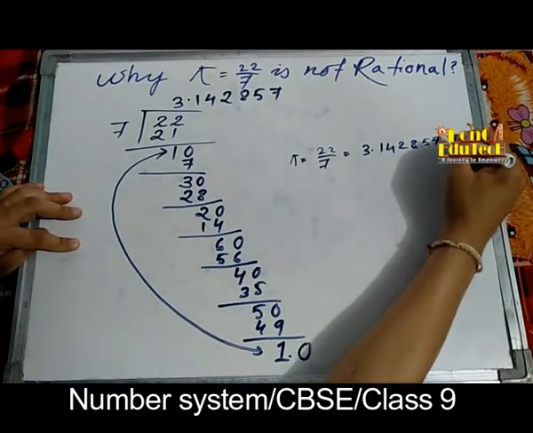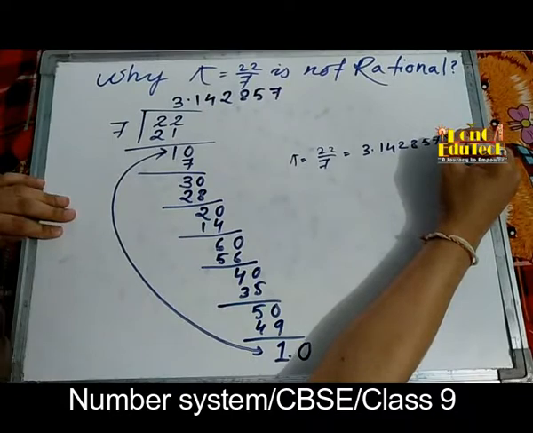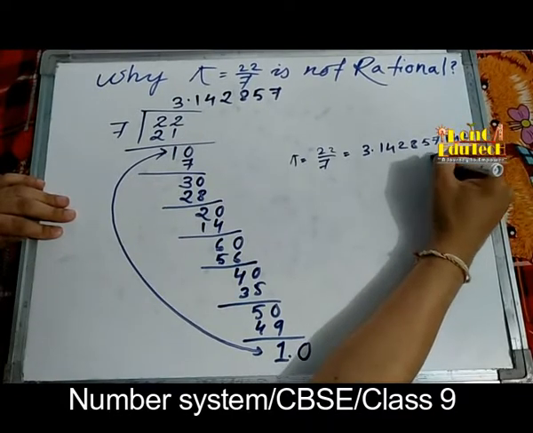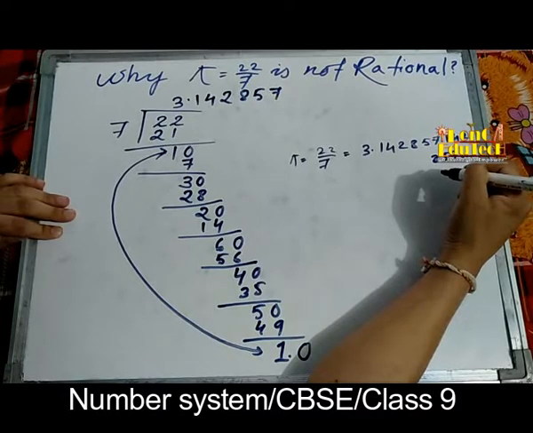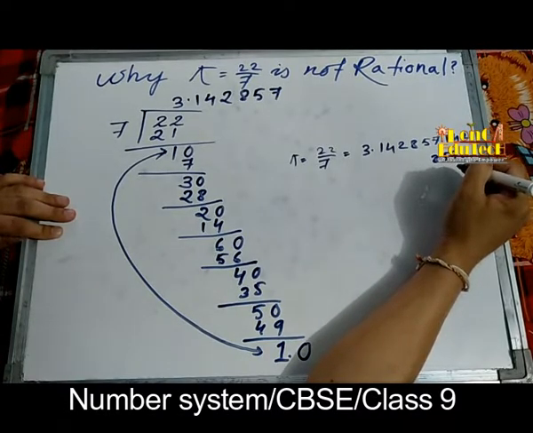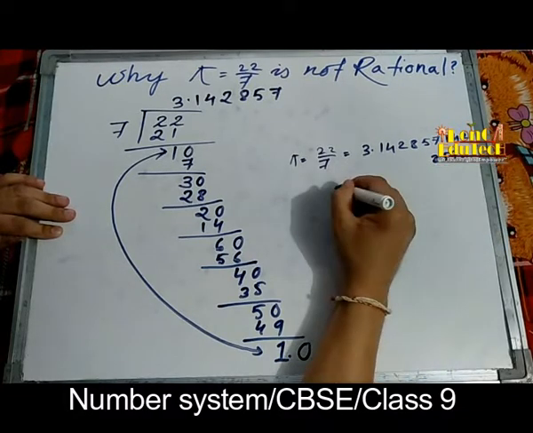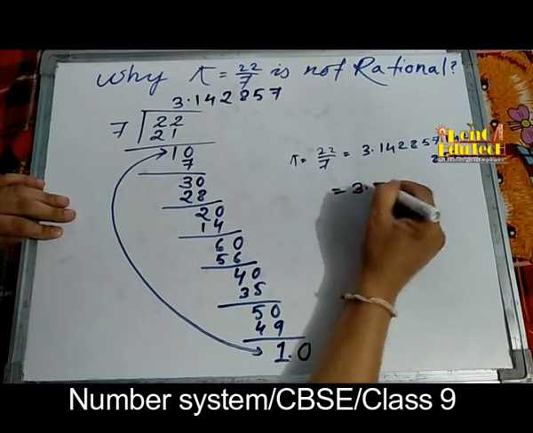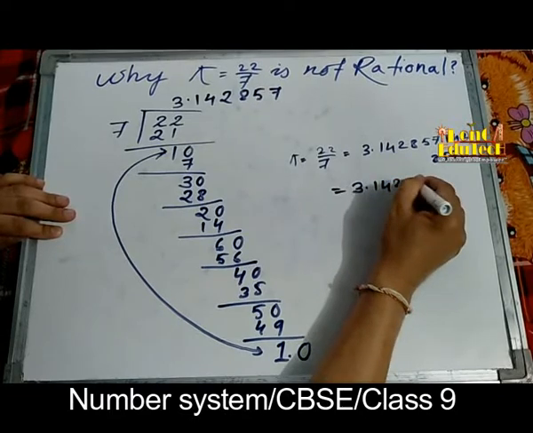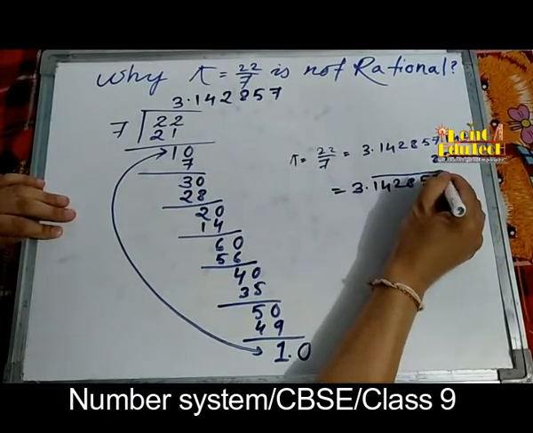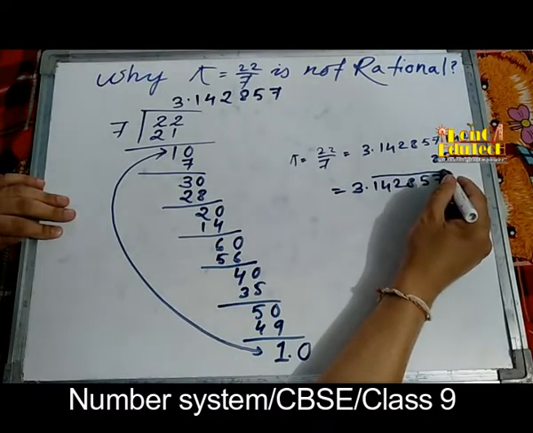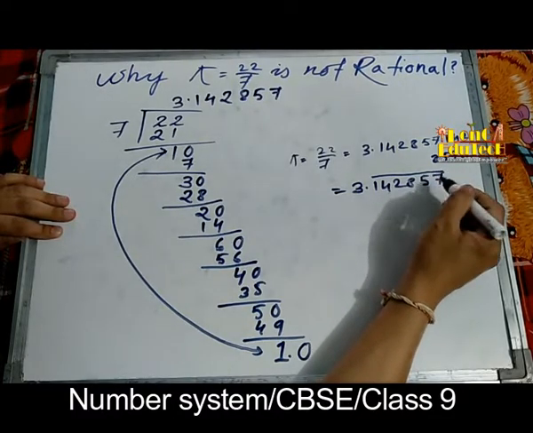If we continue the division, 142857 cannot be finished. It keeps on continuing; throughout our whole life it will not finish. So we write this number as 3.142857 with a bar, as these numbers are repeated.